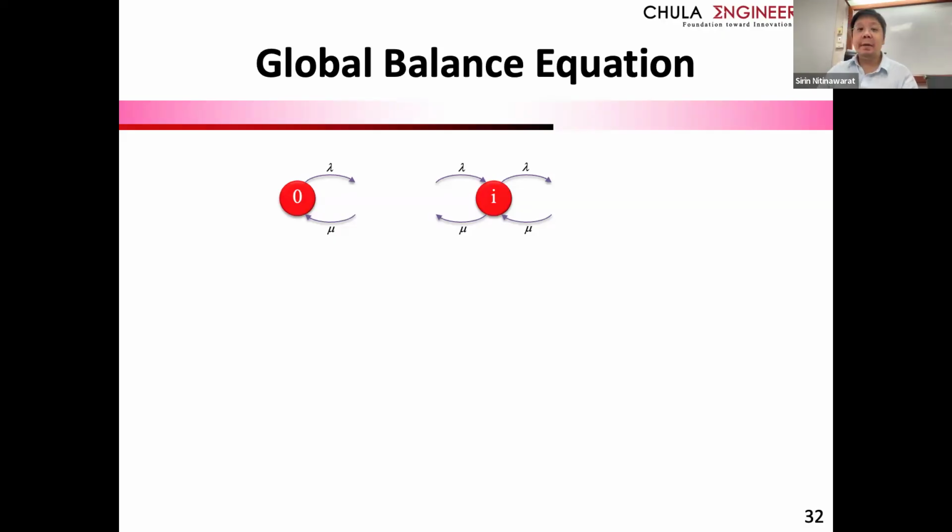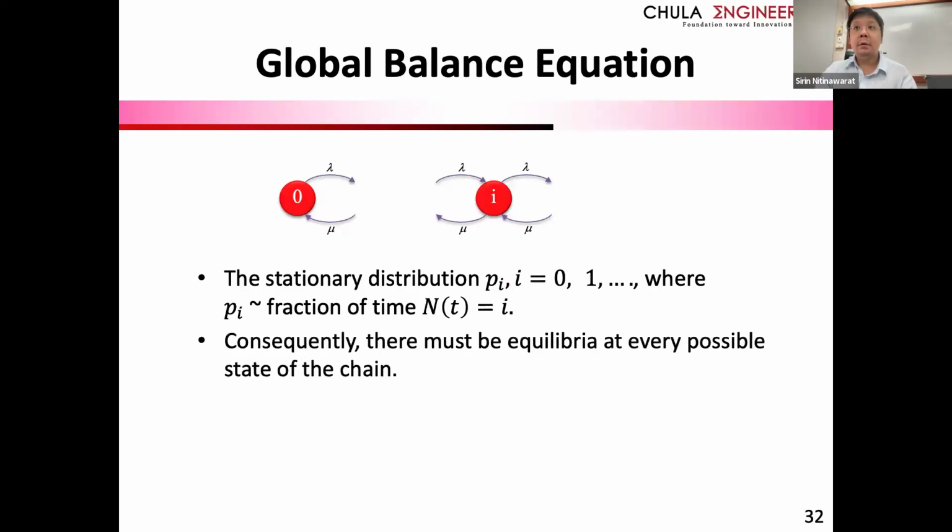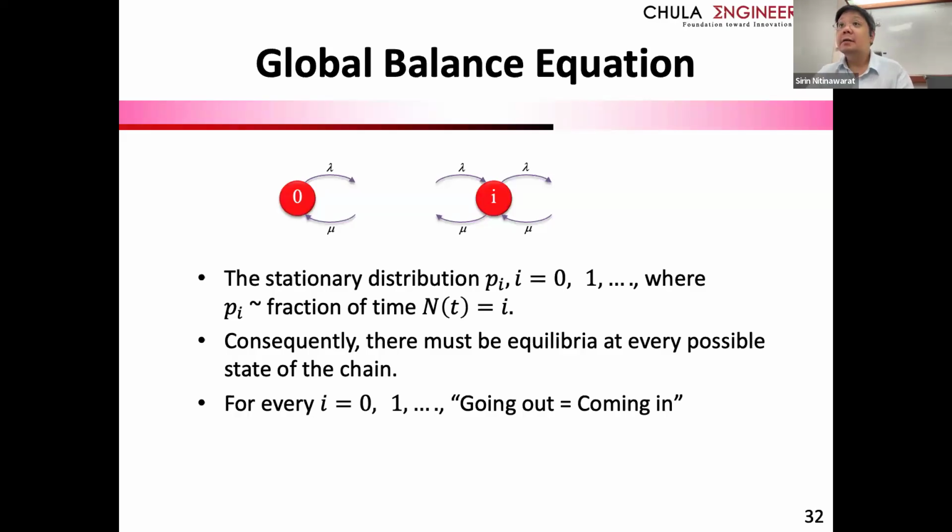Now I want to determine the probabilities of the different states themselves, the P_i's. The global balance equation is about total frequency going out equal to total frequency coming in. For example, if I consider the zero state, what should be the total frequency going out?